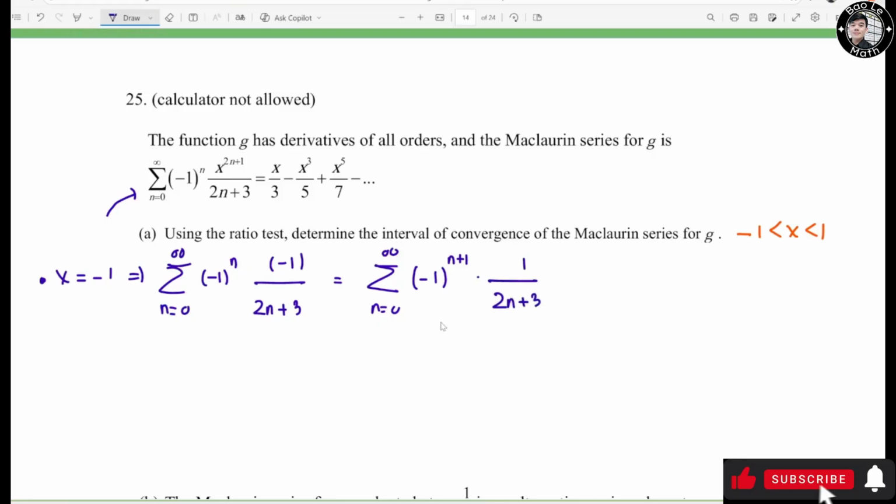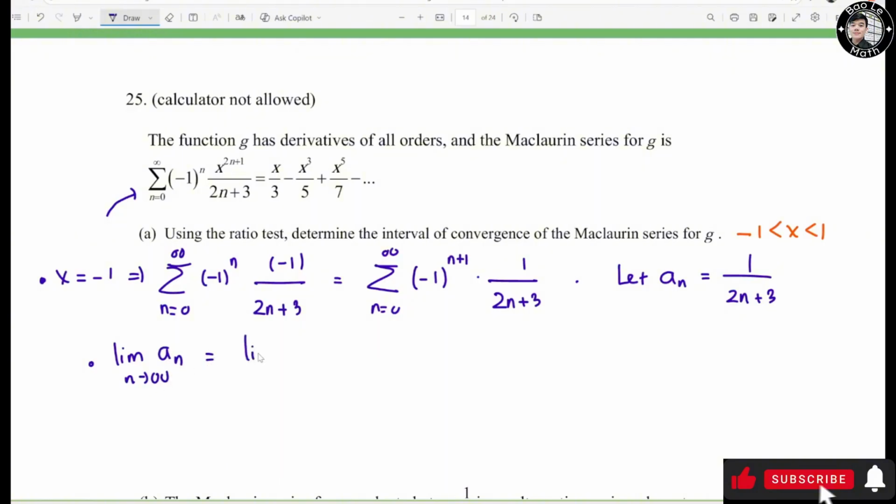This one is an alternating series, so we need to use the alternating series test to determine if it is convergent. We let a sub n be 1 over 2n plus 3. Now we need to find the limit of a sub n when n approaches infinity.